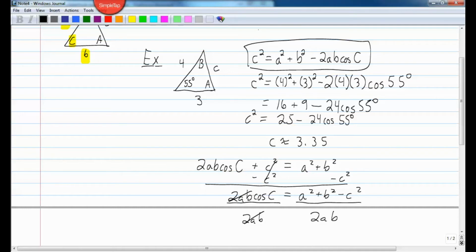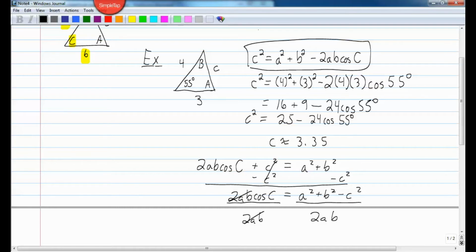And you can do that on the other two formulas if you need to, or if you want to practice solving for variables. But that's how we will solve for an angle measure if we don't have it.